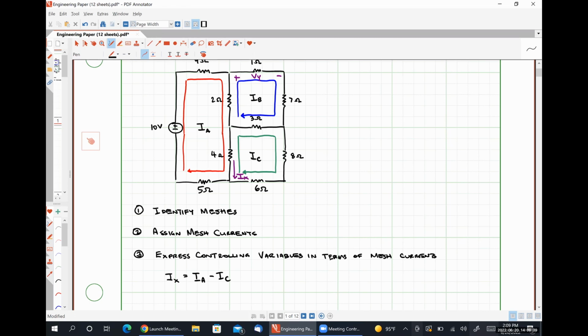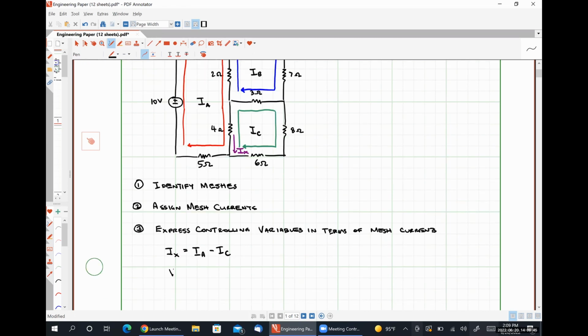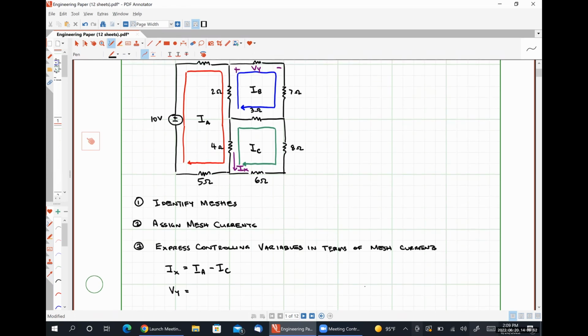Now let's look at our voltage VY. Okay. So for our voltage VY, we would just use Ohm's law. We have a 1 ohm resistor.